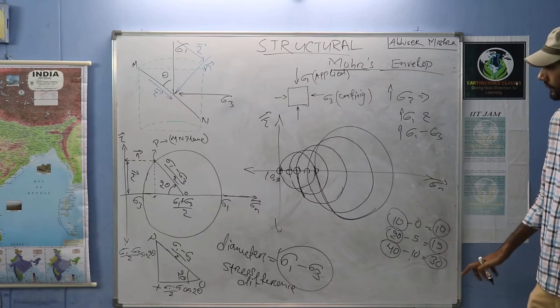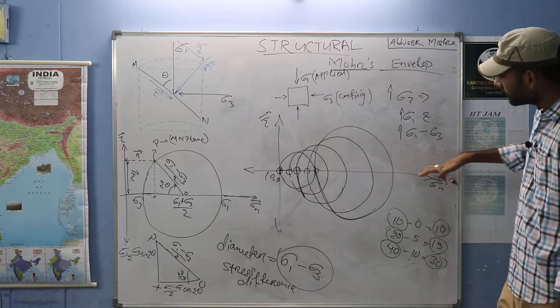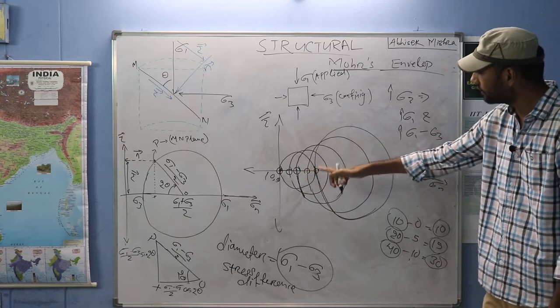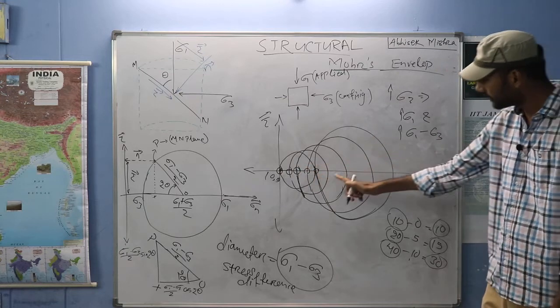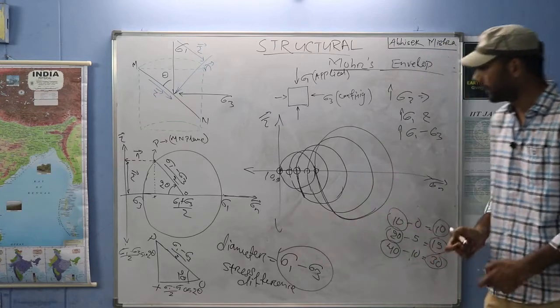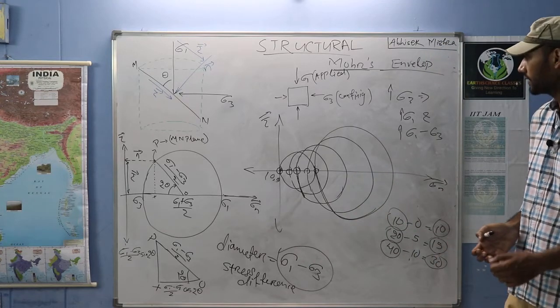So I have plotted so many Mohr circles by taking increased values of sigma 3, for which I will get increased values of sigma 1 as well as the diameter of the Mohr circle or the stress difference.